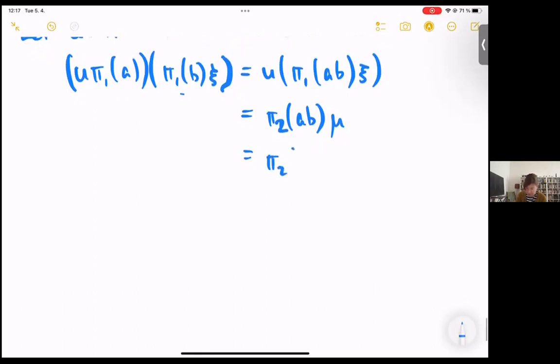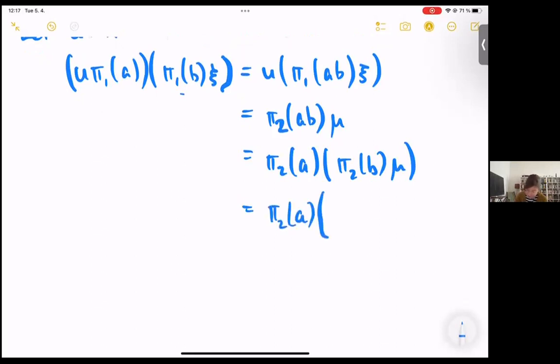So we get pi 2 a pi 2 b mu, and pi 2 b mu is just by definition u of pi 1 b psi. And now we can move the u over, and we get pi 2 a u.